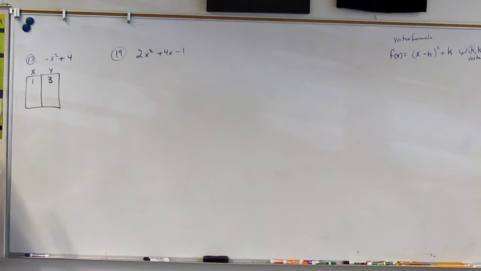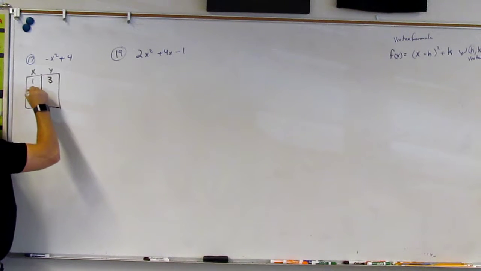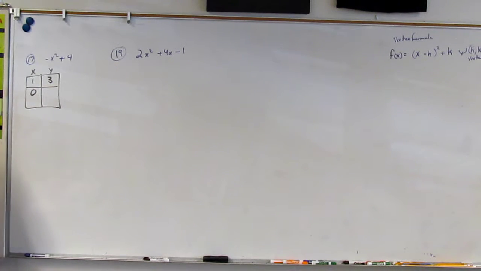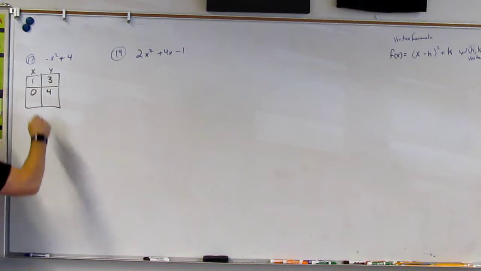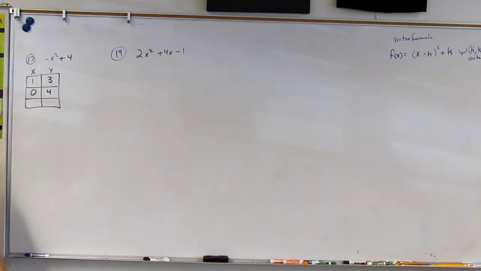And then let's plug in a 0. Okay? A 0 squared is 0, right? And 0 plus 4 is 4. Okay? And then let's plug in a negative 1. A negative 1 squared would be 1, right?